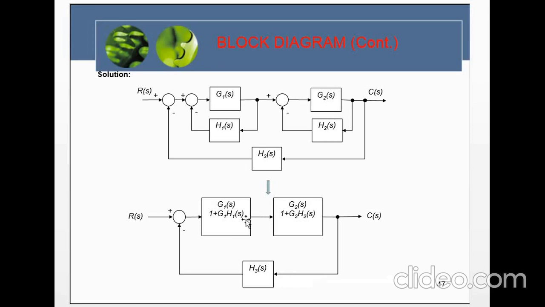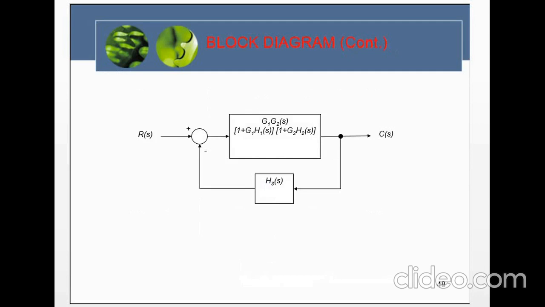and then we simplify it first before we simplify the last loop. Okay, that is the simplification of the cascade gain, or the cascade block.